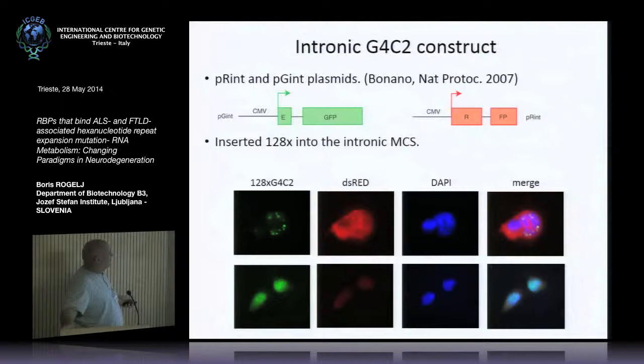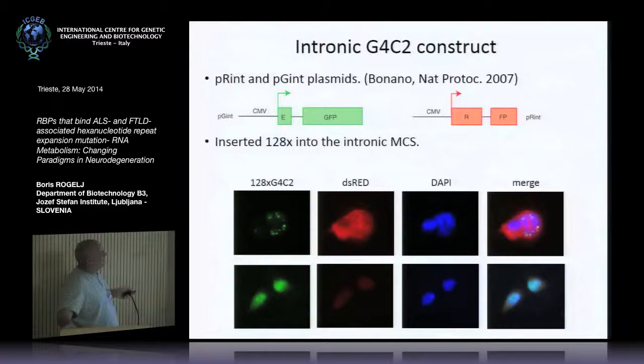We have also synthesized another plasmid which we're now analyzing because G4C2 repeat is an intronic repeat. We have used these two vectors which have been shown in Bonanno et al.